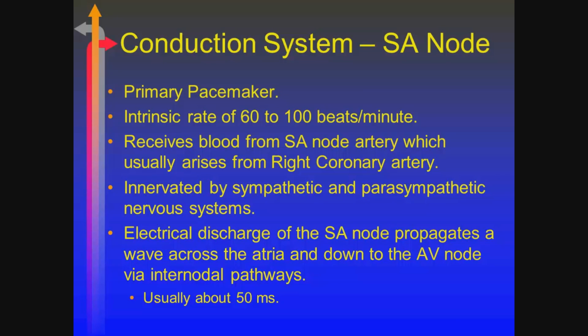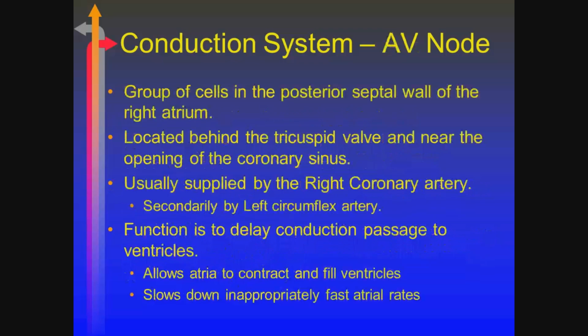It's not a very long duration. Once it gets to the AV node, that's located basically in the middle, where the right atrium, right ventricle, and left ventricle all kind of come together in that middle portion.